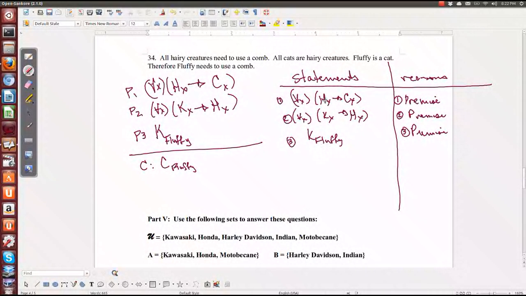So instead of saying hx conditional cx, I really want to talk about h Fluffy conditional c Fluffy. And that's instantiation. So I'm doing instantiation on 1.